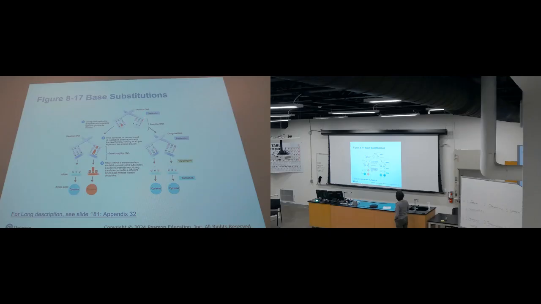So here is what happened with some base substitutions. You have your replication, and in this case you have a substitution of a C for a T, which of course we know is wrong, because you're supposed to have a C there since you have a G here in the parental DNA.